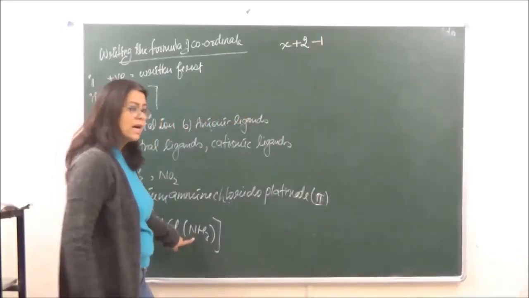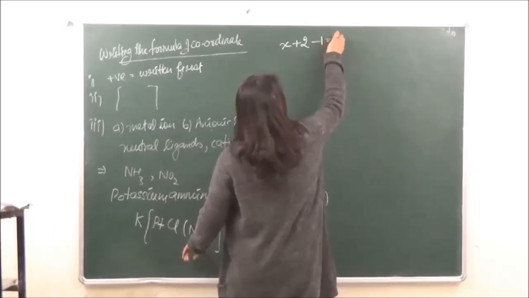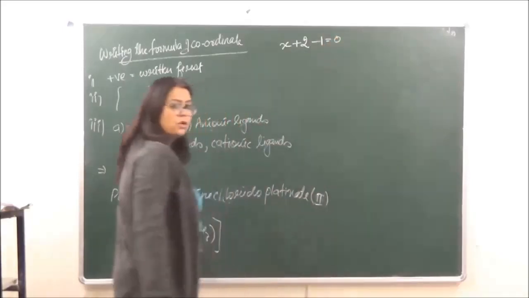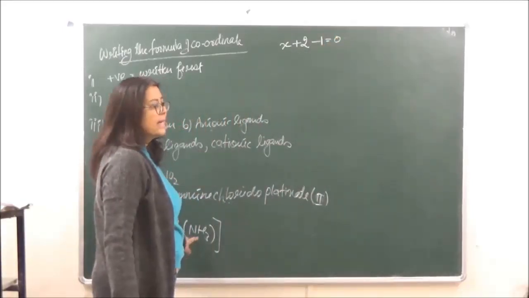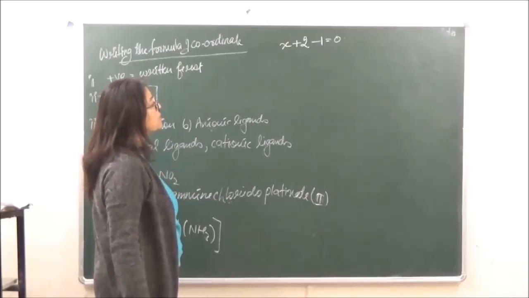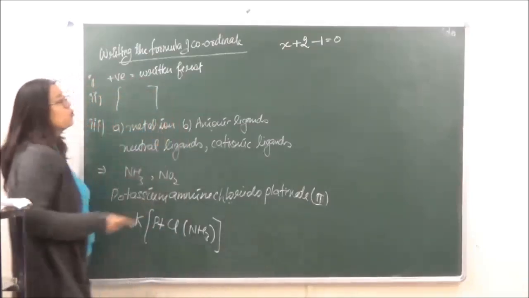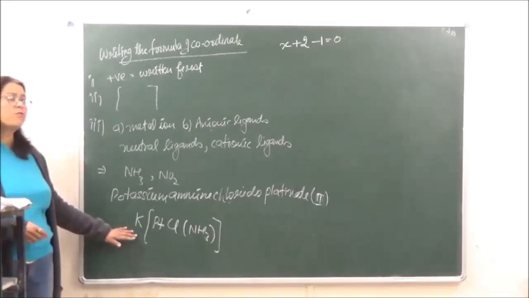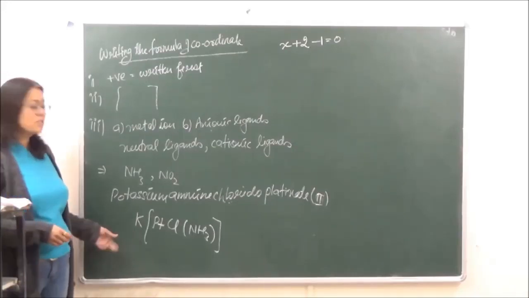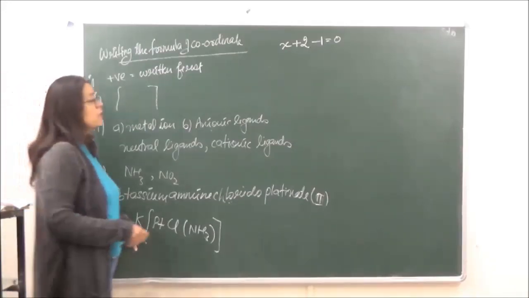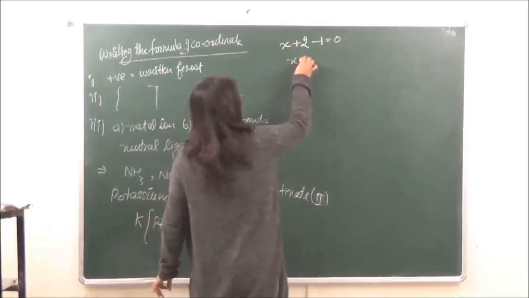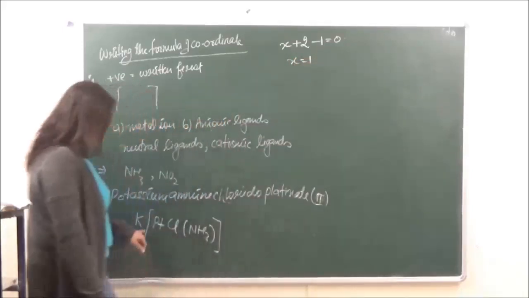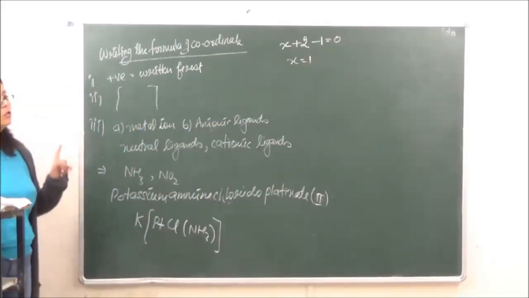Amine is neutrally charged, so this becomes equal to 0. Okay, and how many x is going to be present over here? 1. Please don't go into the charges over here. Okay, charges are insignificant because we are just talking of number. We are not talking of oxidation state. So यहाँ पे potassium का जो number आएगा, you can see over here that x comes equal to 1. So potassium is going to be equal to 1.